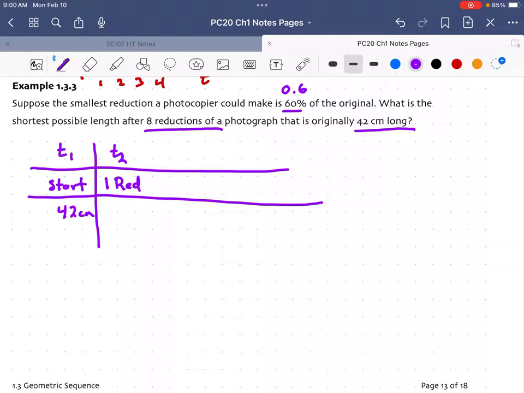We take 42 and we times it by 0.6. 42 times 0.6, and we get 25.2 centimeters. Term 3 is after 2 reductions. And we take our value and we times it by 0.6 again, 15.12.